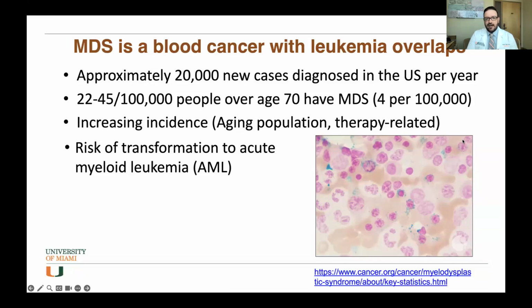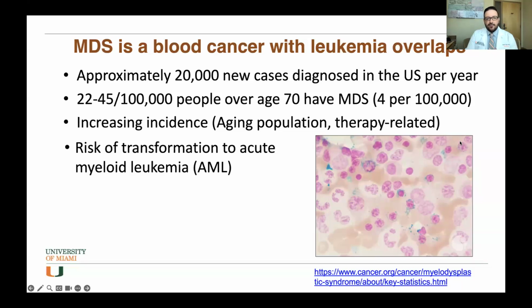The reason I think it's higher than we know of is because I think some cases are missed, or it's assumed the person has MDS without actually going through all the diagnostic procedures. And I believe there's more MDS out there than is actually tracked.